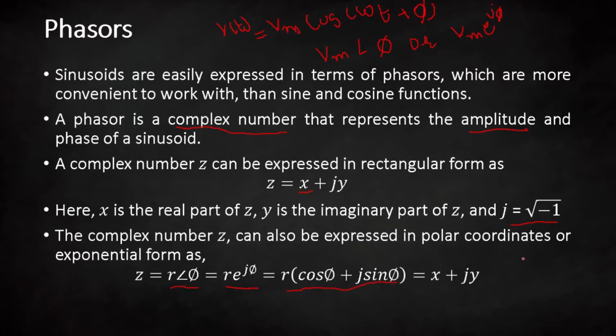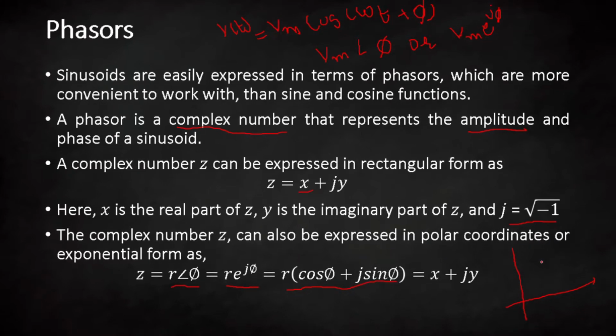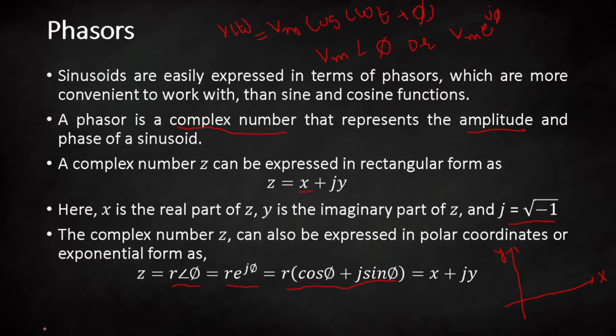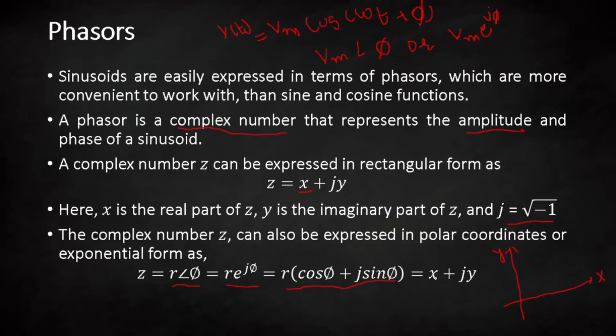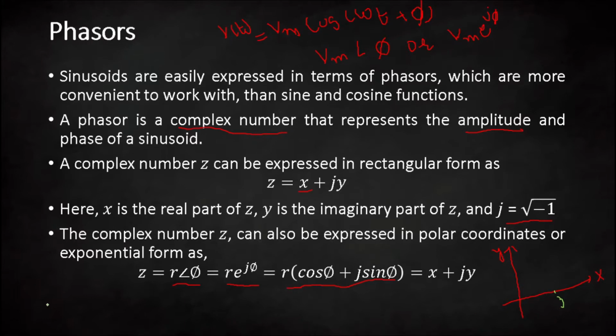Okay, so let me just draw what I am talking about. Let's say a complex number z is given by x plus jy. Here the real axis is x, the imaginary axis is y. Let me use another ink. Let's say the value of x is given as 3, and the value of y is given as 2.